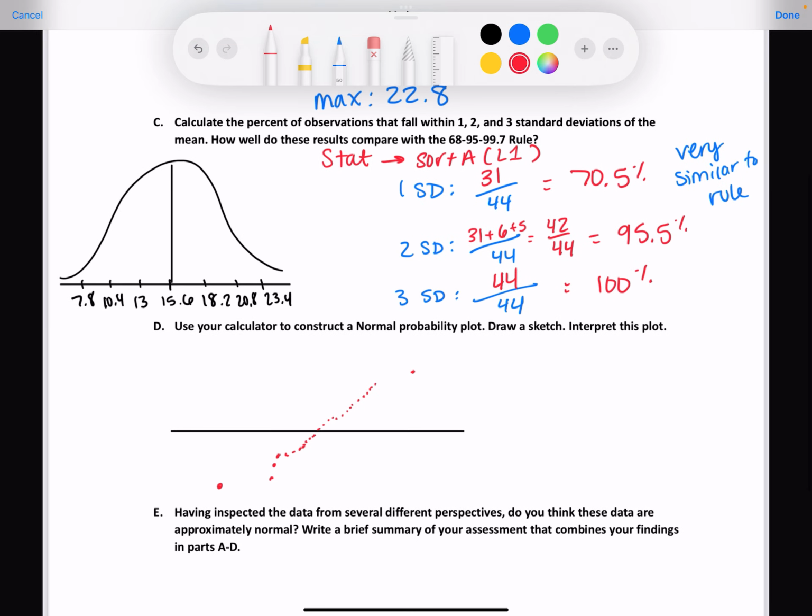I know it's hard to see on here, but you have it on your calculator. So this is a normal probability plot.